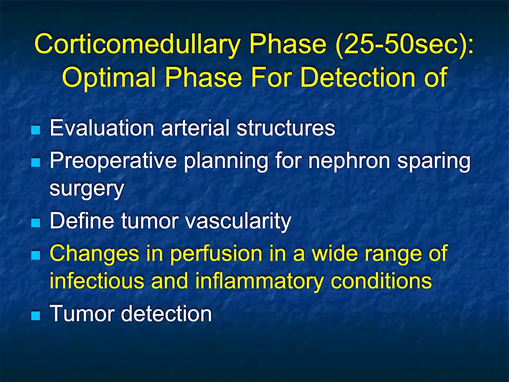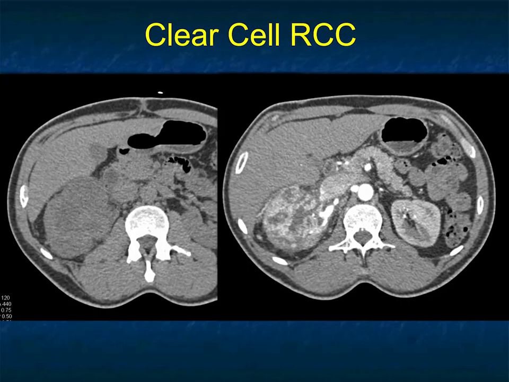We look for changes in perfusion on the corticomedullary phase, which can be a range of things from tumors to infection to infarction, and some tumors, particularly smaller ones, may only be seen on corticomedullary phase because the lesions do enhance, and if you look at later phases only, you might just assume it's a high-density renal cyst.